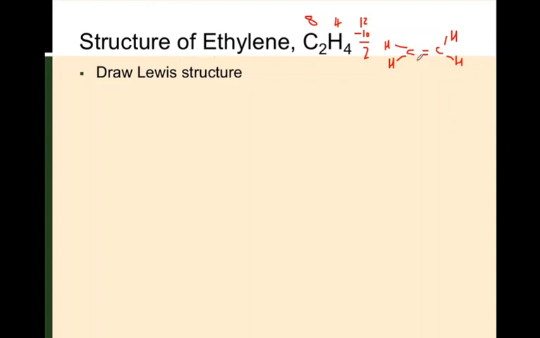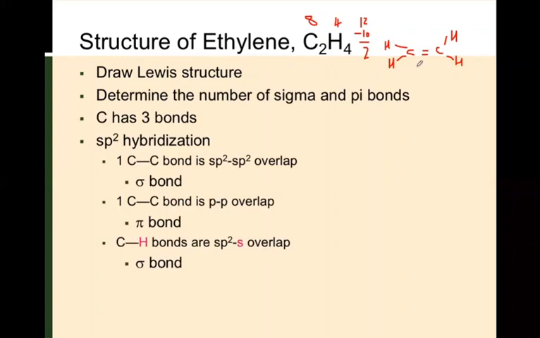So we are already with 1, 2, 3, 4, 5 sigma bonds. No internuclear axis can accommodate more than 1 sigma bond, so we only have 5 sigma bonds. The other bond in the double bond is a pi bond. All double bonds are made up of 1 sigma bond and 1 pi bond. So to determine the number of sigma and pi bonds, we had 5 and we had 1.